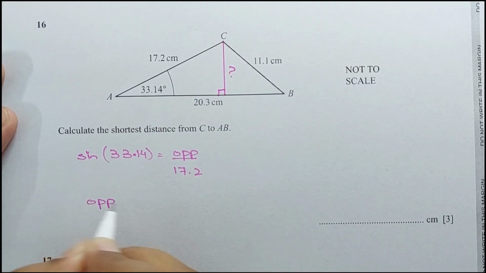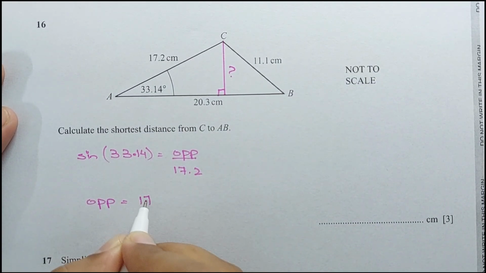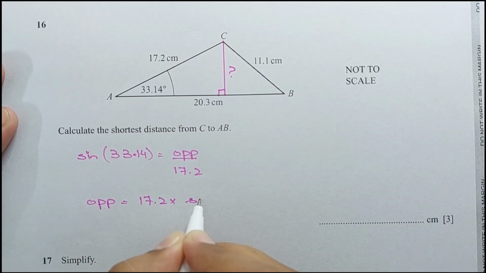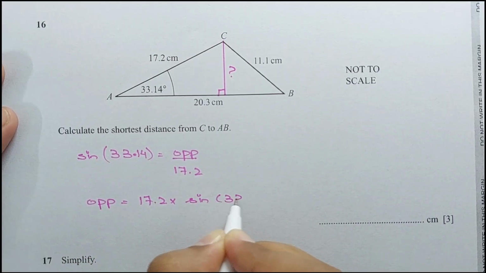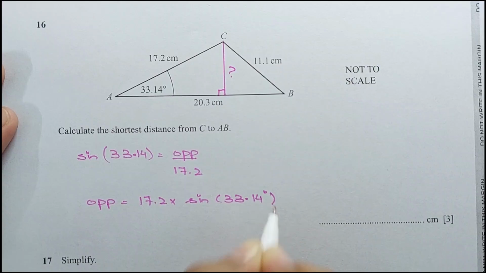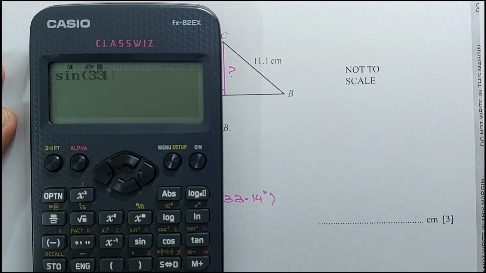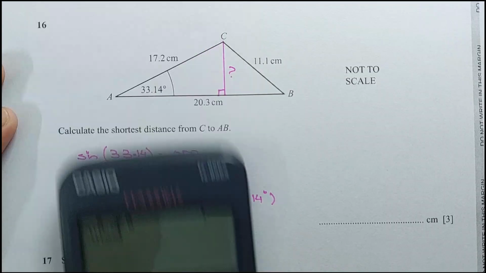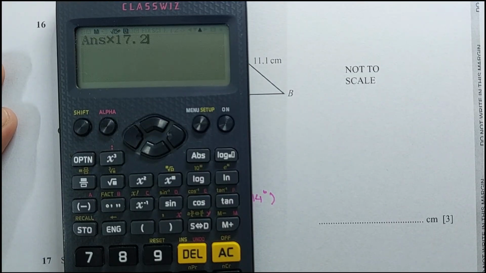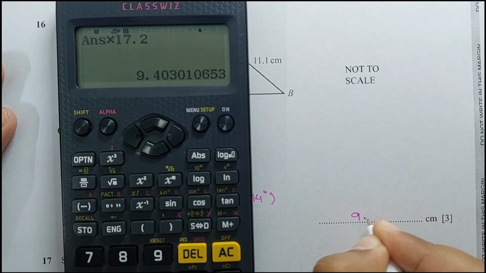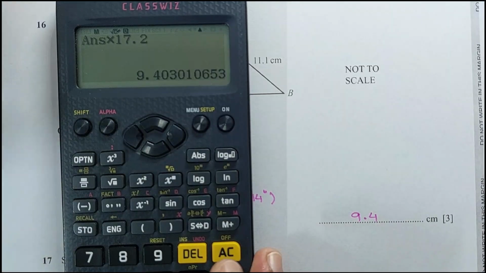So cross multiply: 17.2 times sine of 33.14 degrees. That is 9.4 centimeters.